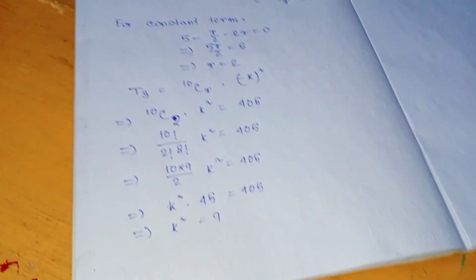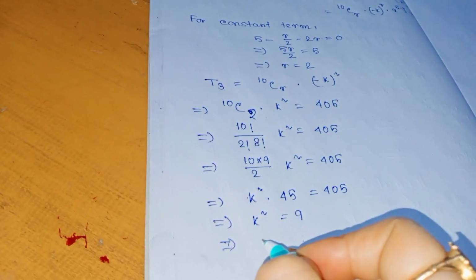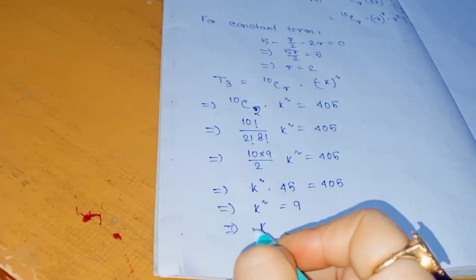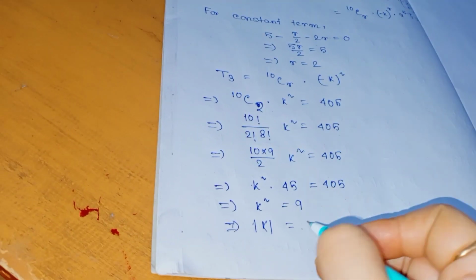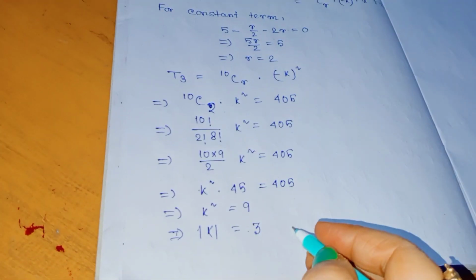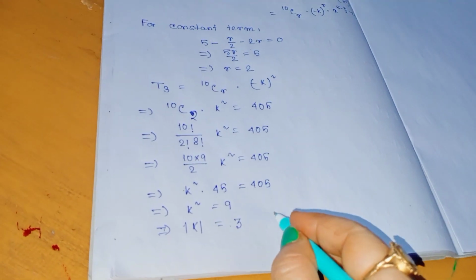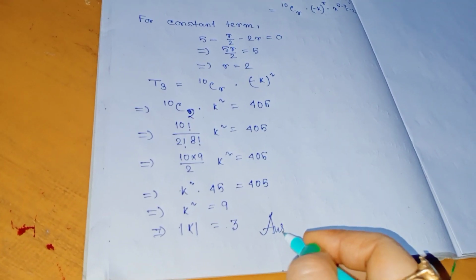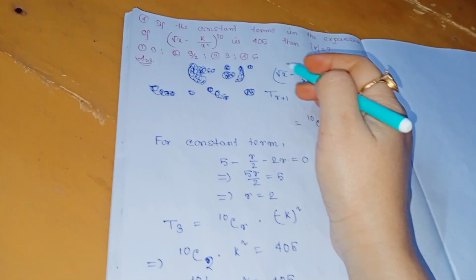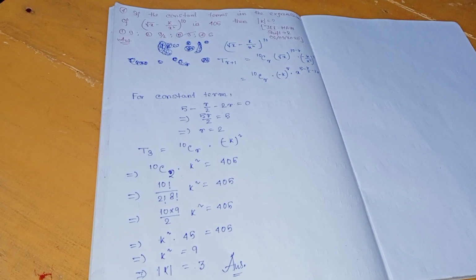So mod of k is equal to 3. The question asks the value of mod k, so mod k is equal to 3 here. So option 3 is our correct choice. So here is the whole solution of question 4.